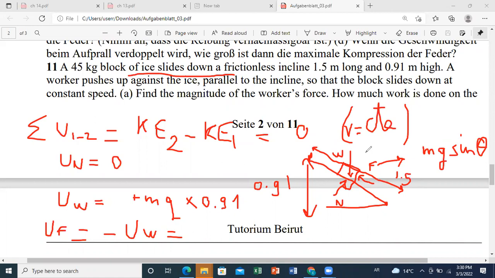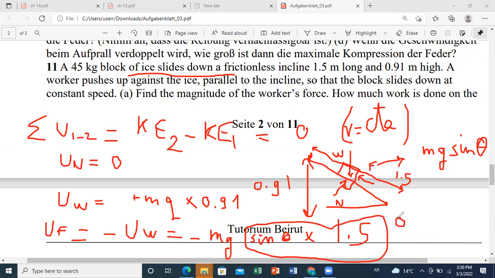Since this force is opposing motion, the work will be minus mg sine theta times the total distance L, which is 1.5. You can verify that you will obtain exactly the same result, because 1.5 sine theta is equal to the height, which is 0.91.